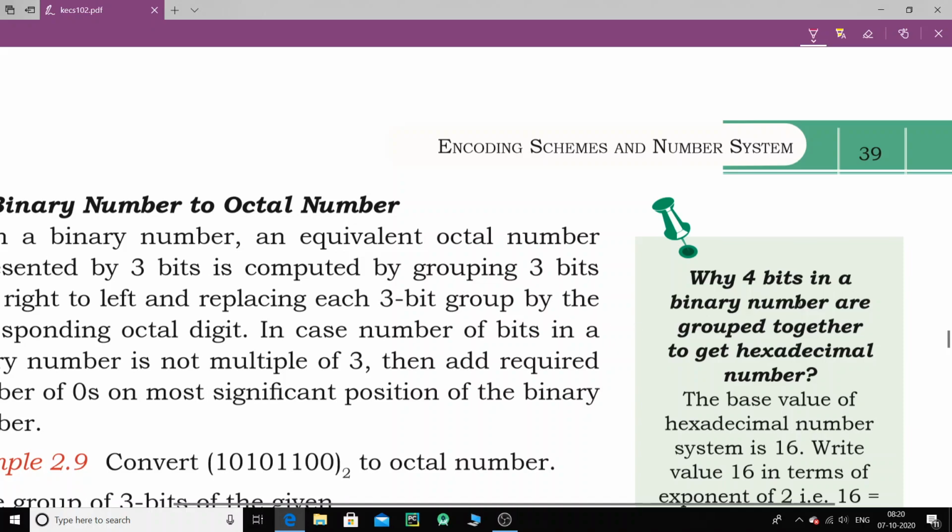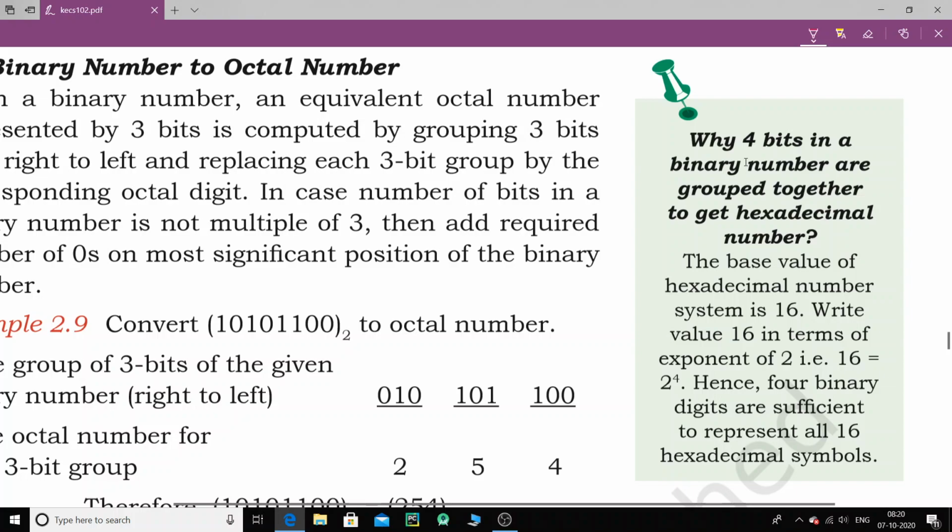So why are 4 bits of the binary number system grouped together to get the hexadecimal number system? The same question they have asked, and the answer is the base value of hexadecimal number system is 16. Write the value 16 in terms of an exponent of 2. That is 2 raised to 4 is 16, which means to represent 16, from 0 to 15, it is going to occupy all the bits.